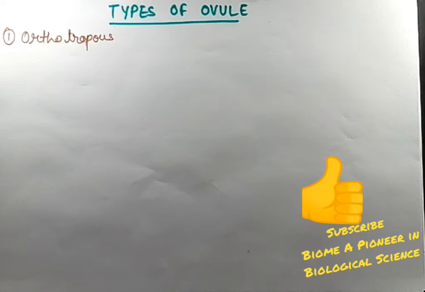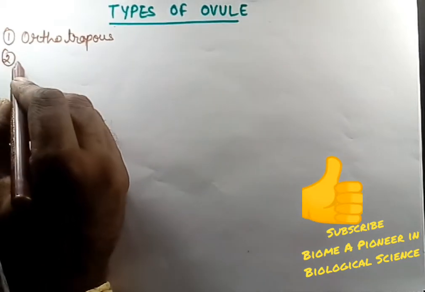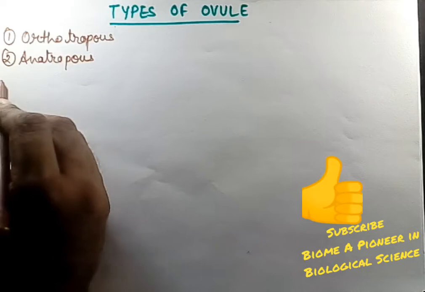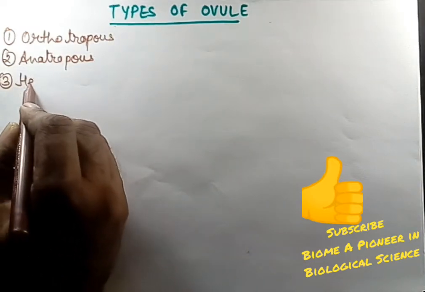In the previous lecture we discussed the structure of the ovule. Now we are going to discuss the types of ovule. The ovule is of the following types. The first is orthotropous ovule. Second is anatropous ovule. Third is hemitropous ovule.